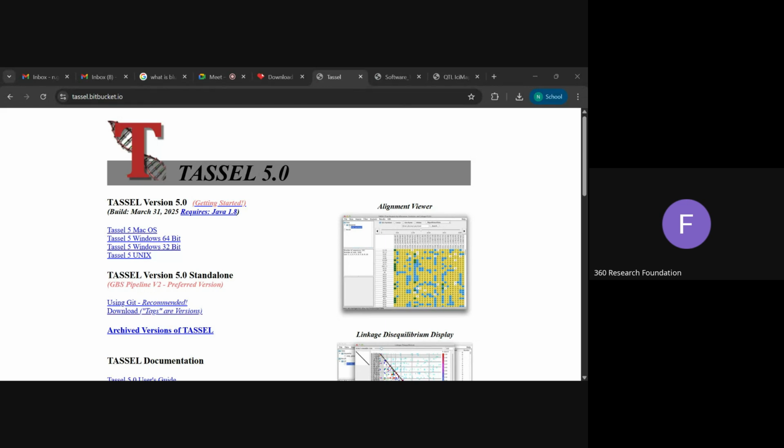Where is Tassel? Sir, for Tassel, it is showing Windows protected your PC. Shall I run it anyway?